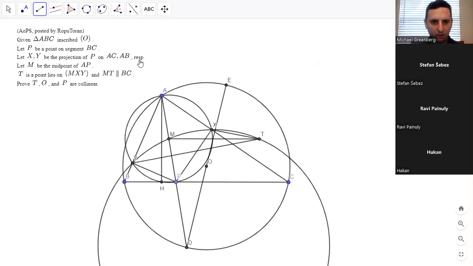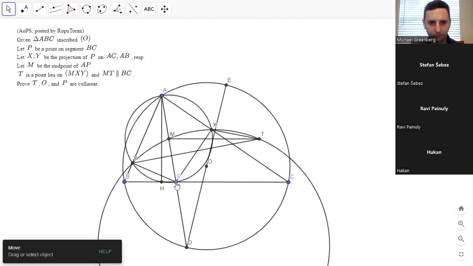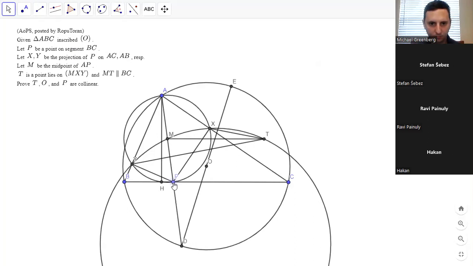Okay. And T, yeah, what do we do with T? So MT is perpendicular to AH.